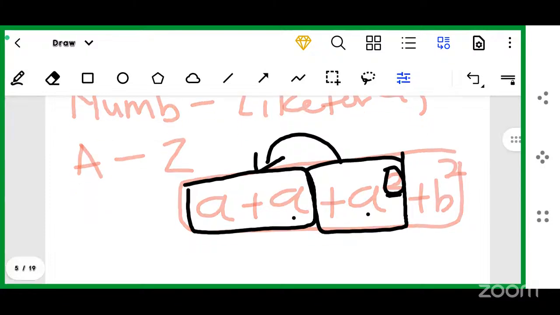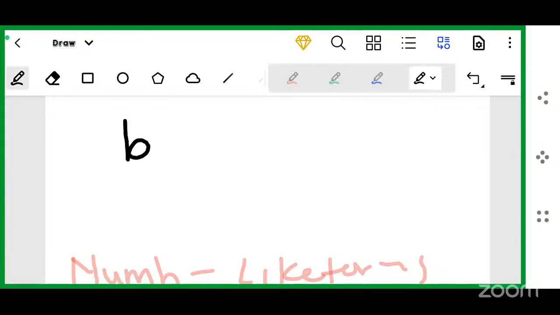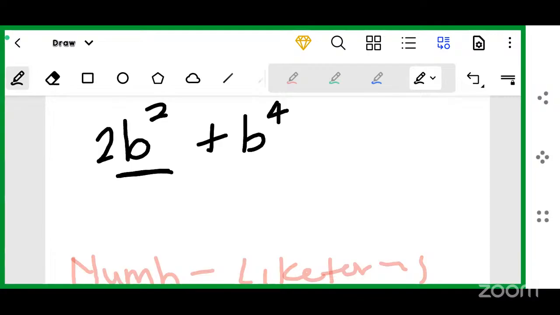For example, going to our banana example, if I have B to the power of 2 plus B to the power of, let me say, 4, say B to the power of 2 is bananas. So let's say we have 2 bananas and we have 3 bread. Let's say to the power of 4 is bread.